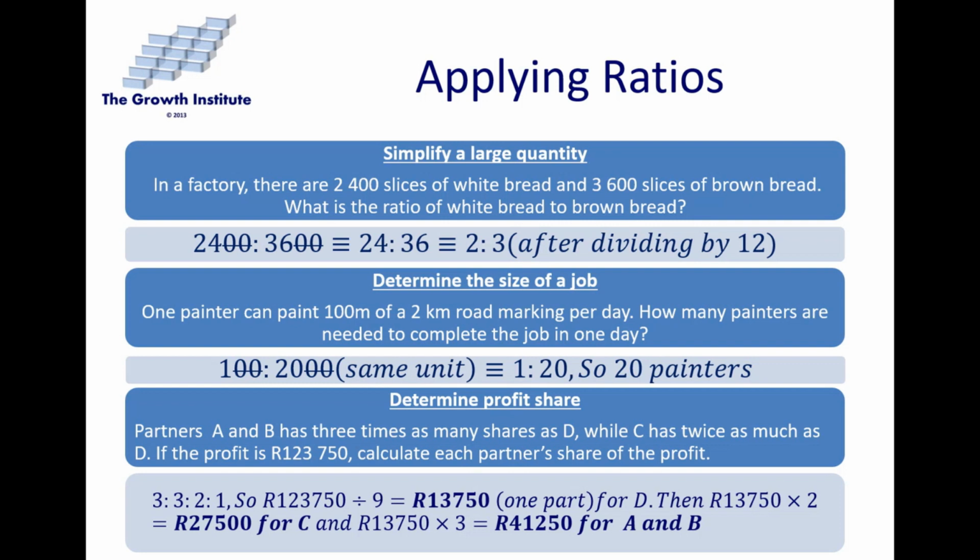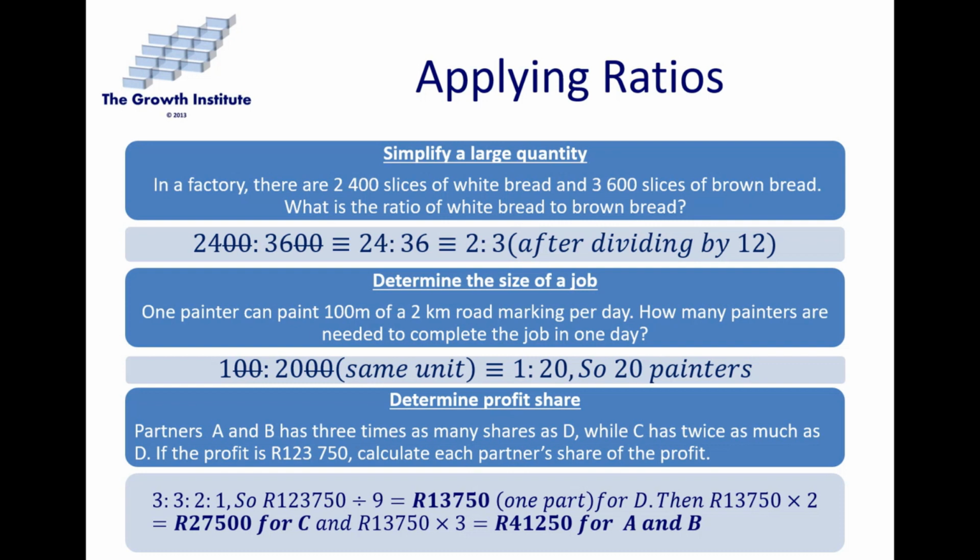Well, we simply say it's 2,400 representing the white slices to 3,600. First thing we do is we divide both numbers by 100 by simply removing the zeros. And so we get the first equivalent ratio, which is 24 to 36.